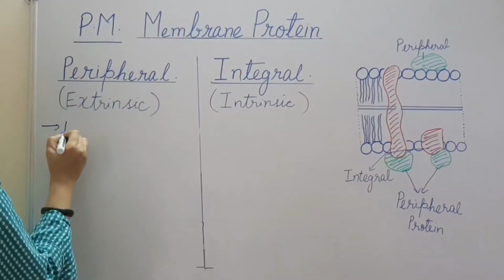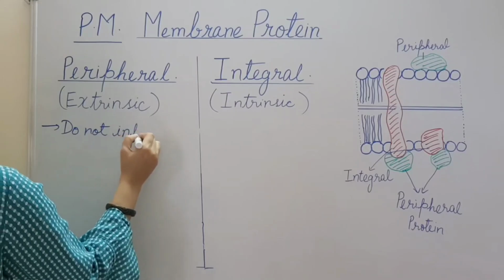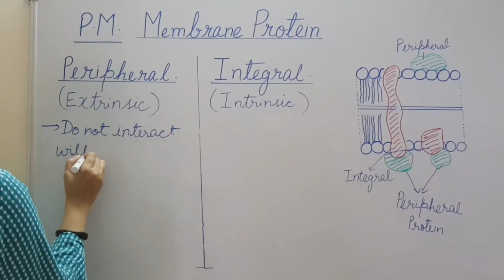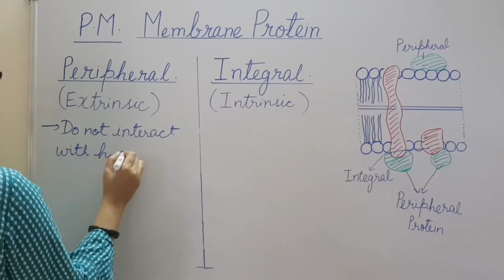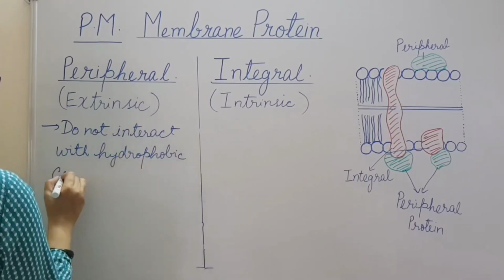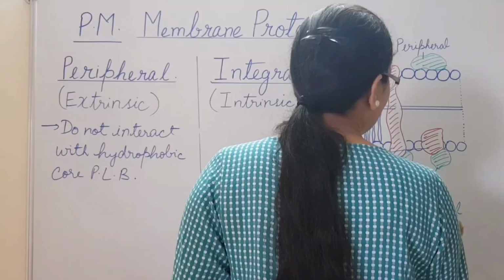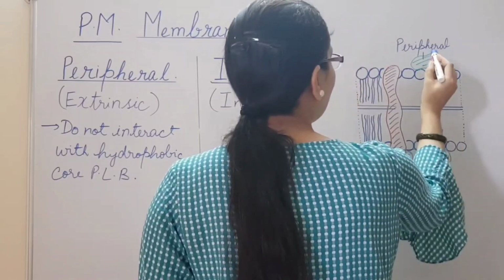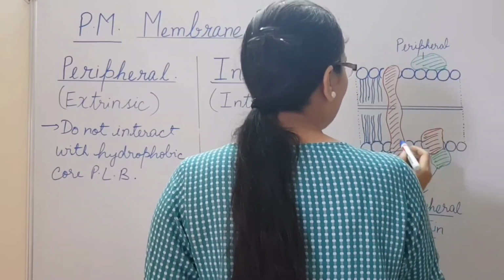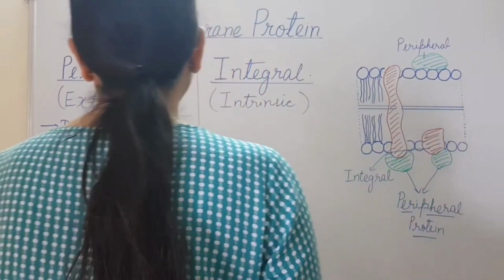Peripheral proteins do not interact with the hydrophobic core of the phospholipid bilayer, because these peripheral proteins are either attached to the polar head region of the phospholipid bilayer, or are indirectly attached to the integral proteins.